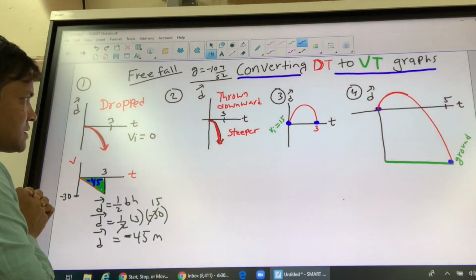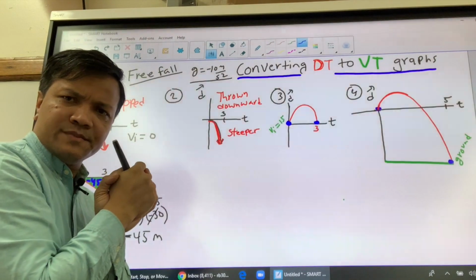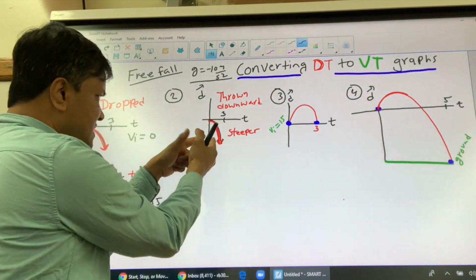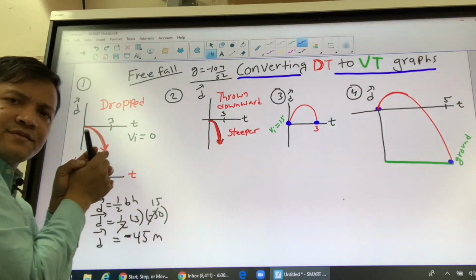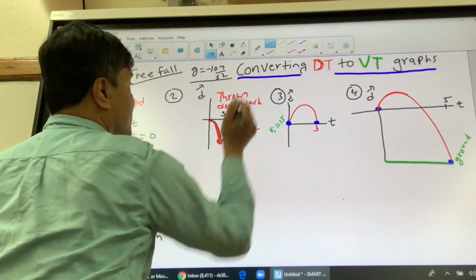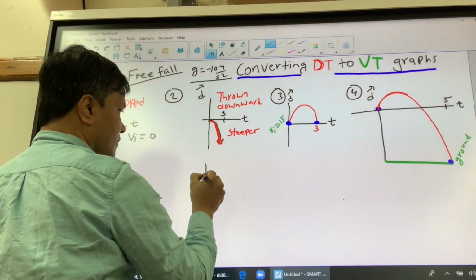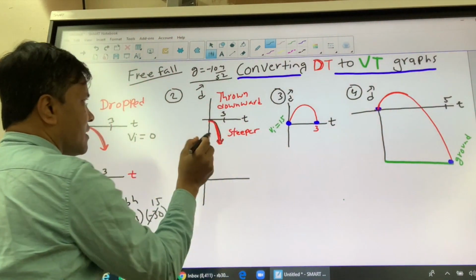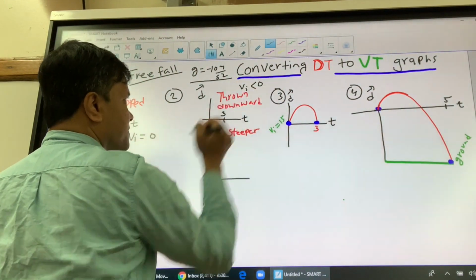Now we're going to do exactly the same thing, but thrown downward. This ball was thrown downward because this one is steeper than this. So let's see how we can do that. Thrown downward means initial velocity is less than 0.